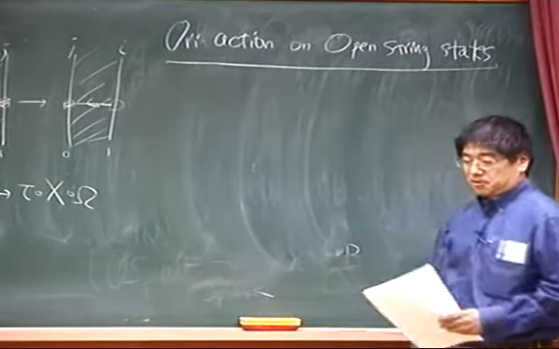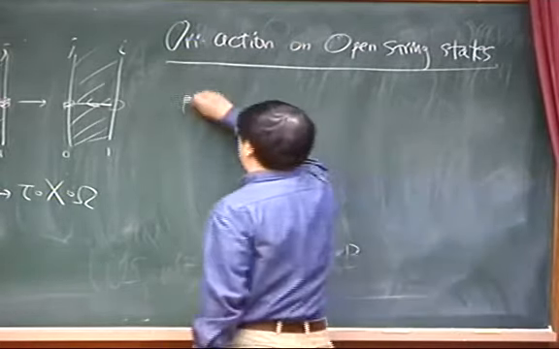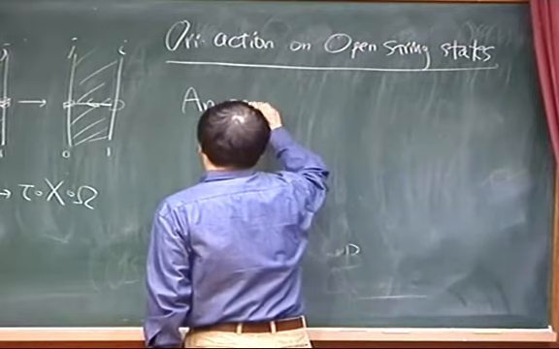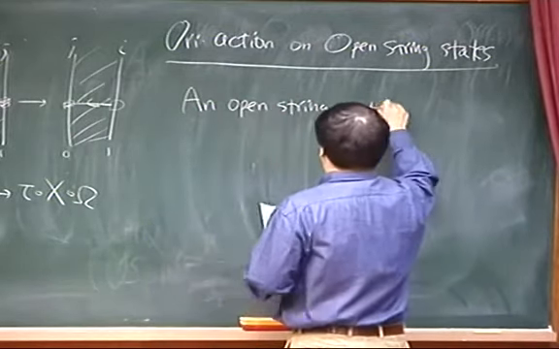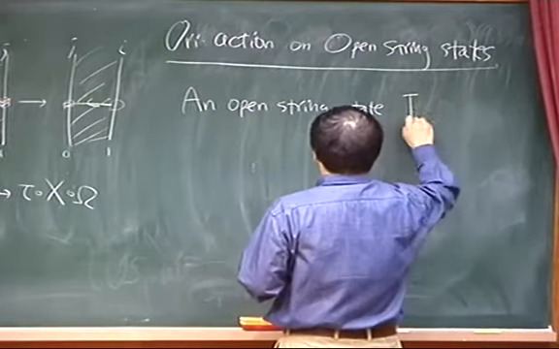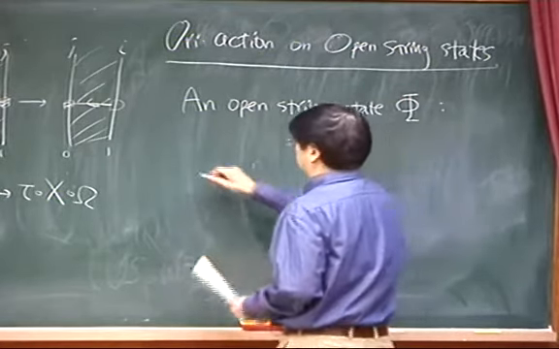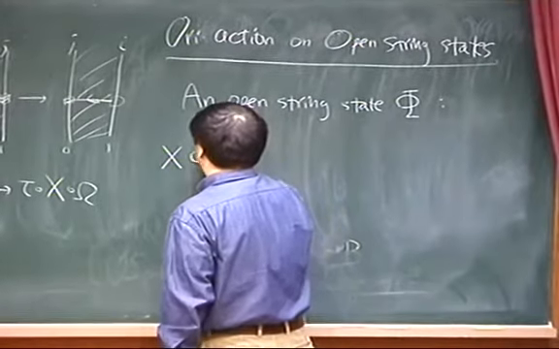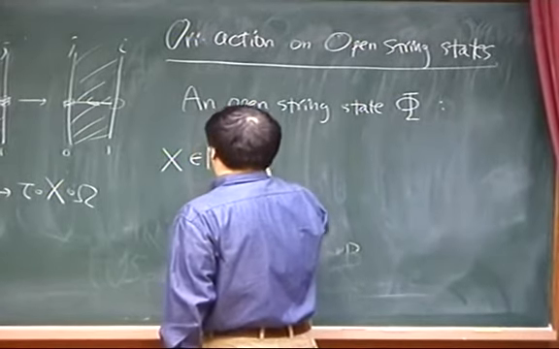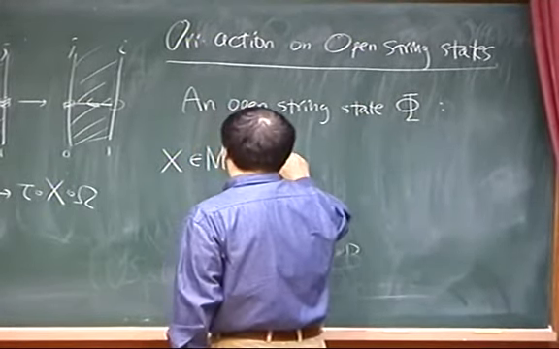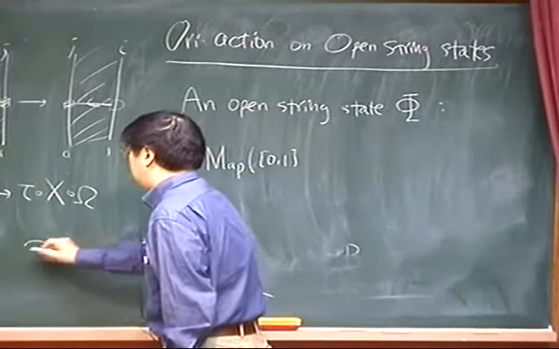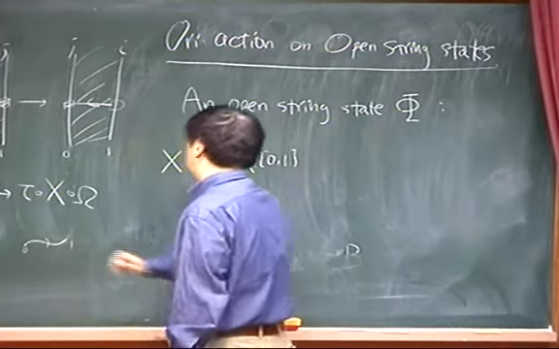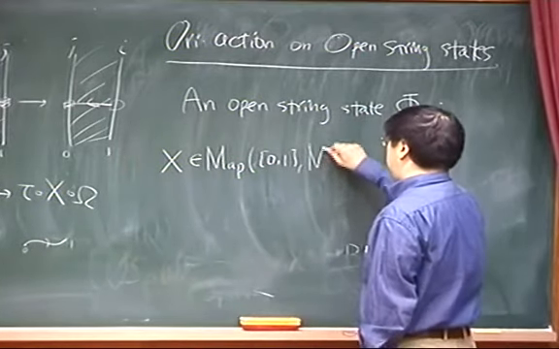First of all, what is an open string state? Phi assigns a string configuration, say a map from 0, 1, just this string from 0 to 1, to the target.